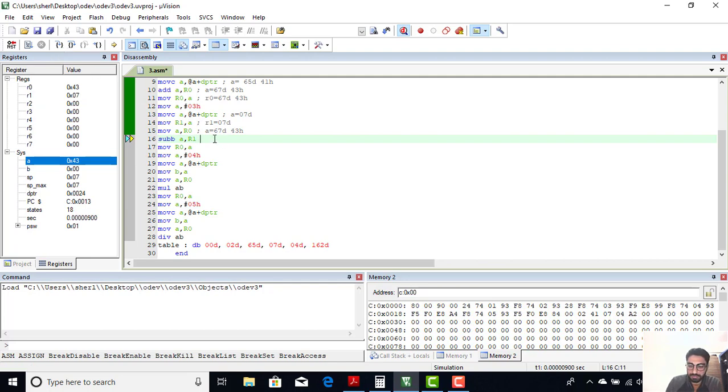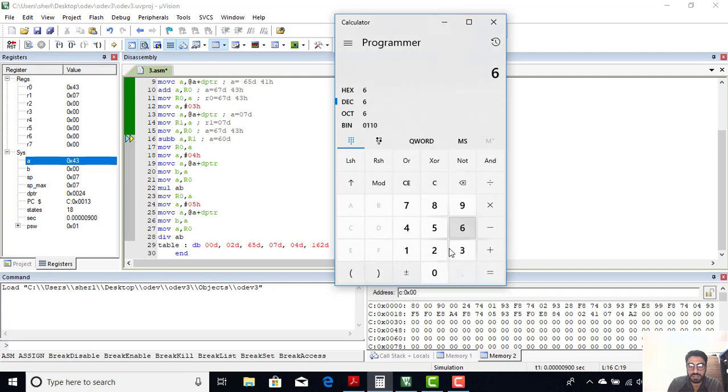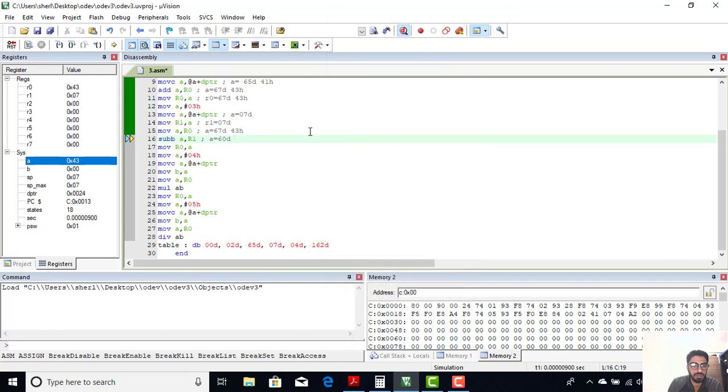Subtracting the value of R1 from A, A is equal to 67 and R1 is 7, which means A is going to be equal to 60 decimal, which is 3C.